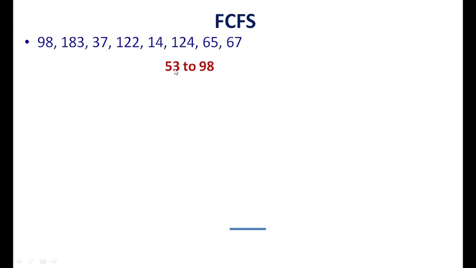To go from the source to the destination, how many tracks were crossed is nothing but subtracting 53 from 98. You just find the difference between the two numbers, which is 45 in this case. Similarly, after reaching 98, it will then go to 183 because it's FCFS. It will just go in order. So again we compute the difference, 85.